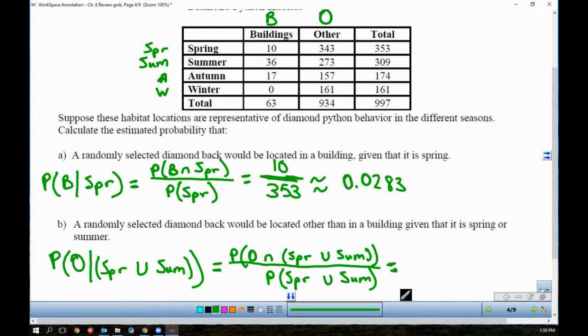Okay, so we want other in the spring or the summer for the top. So what would our intersections be? 343 and 273. That's what we'll have on top. 343 plus 273. Over, now we just want the totals for spring and summer. 353 plus 309.